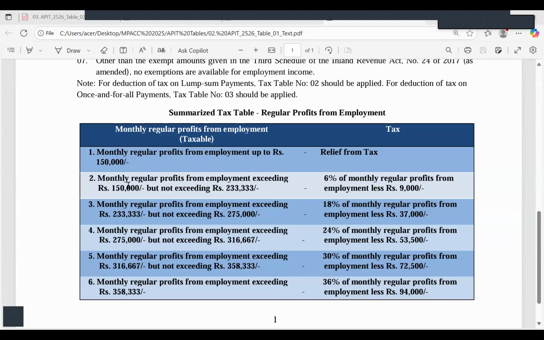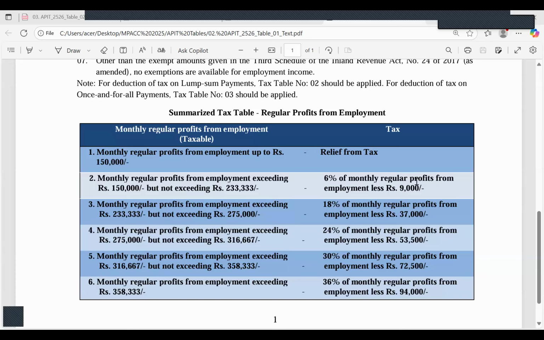Then for a salary between 150,000 and 233,333, this is the method we have to calculate tax liability: 6% of monthly regular profits from employment less 9,000. Why do we deduct 9,000?